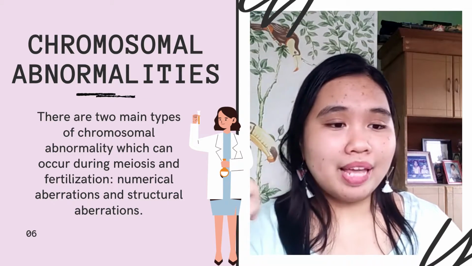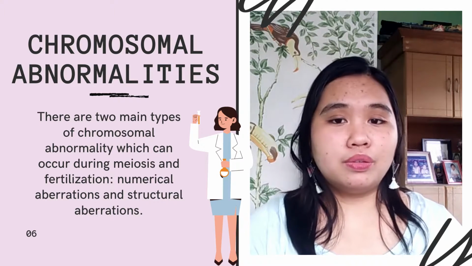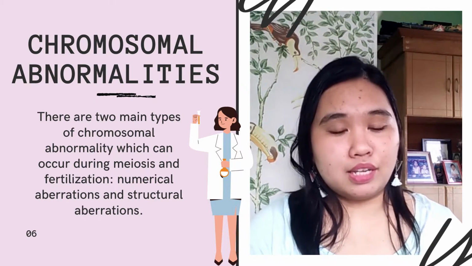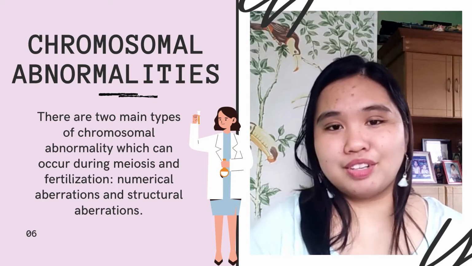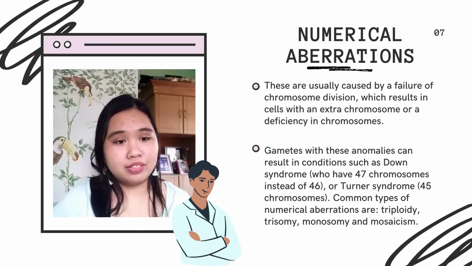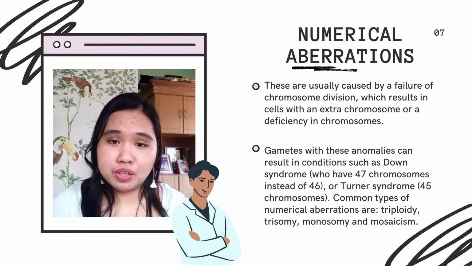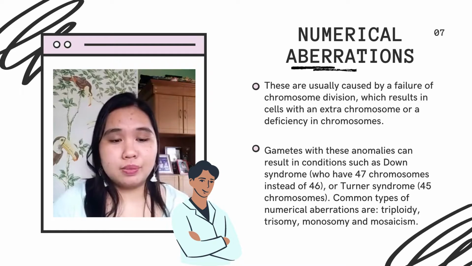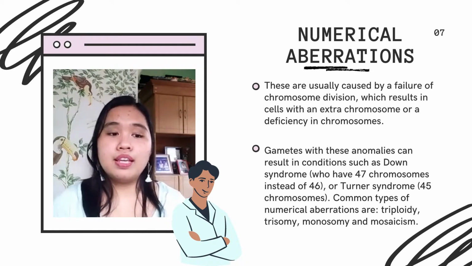So, there are two main types of chromosomal abnormality which can occur during meiosis and fertilization: numerical aberrations and structural aberrations. So, what are numerical aberrations? These are usually caused by a failure of chromosome division, which results in cells with an extra chromosome or a deficiency in chromosomes.